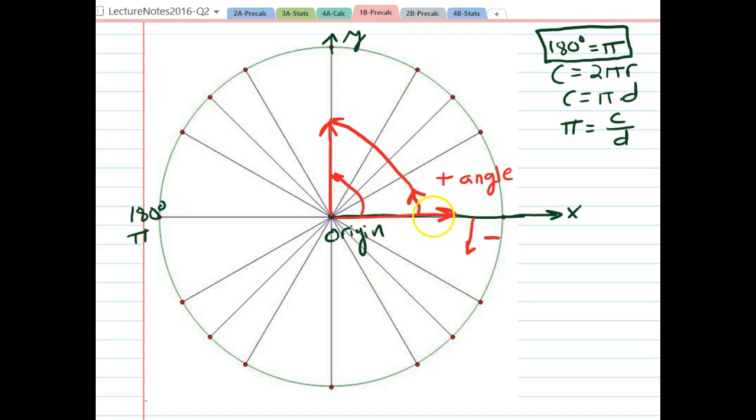So if this arrow rotates down this far and stops, then this angle right here is what we call minus, well, not 90, that one would be 45, wouldn't it? So that would be a negative 45 degrees. Okay, so that's the first thing to understand about positive and negative angles.